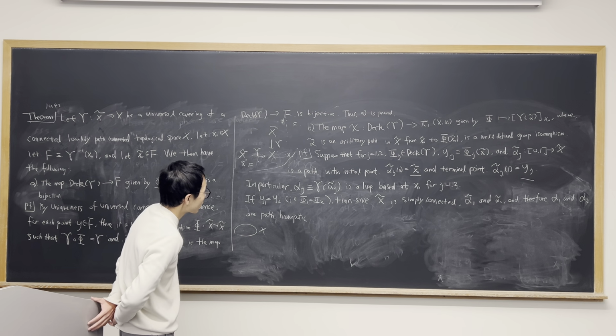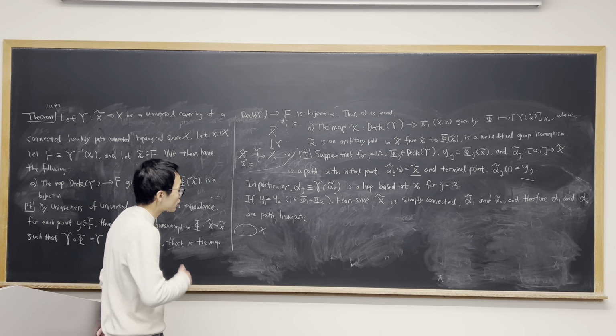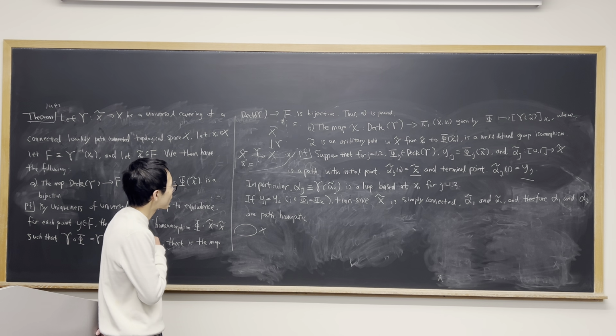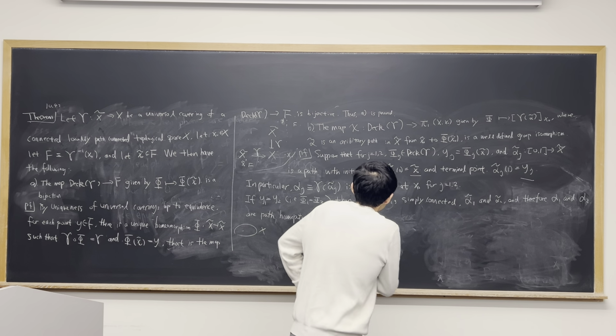We know that this X tilde is simply connected, right? This is by definition. Why do you have this y1 equal to y2?